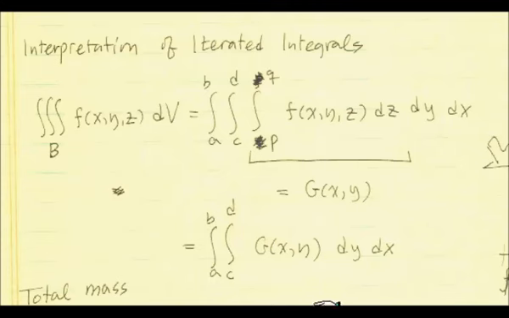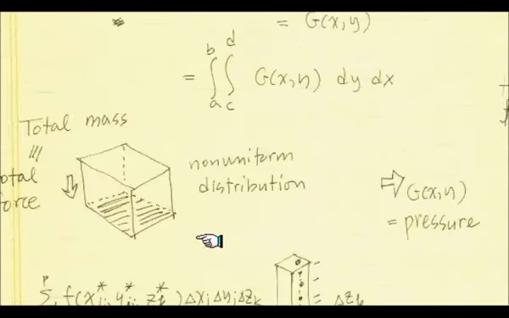The interpretation of the double iterated integral is that the inside function now turns into a pressure function. All this interpretation is natural when we start from the total mass and then switch that notion to a total force applied to the bottom plate. Then integrating along the z-axis makes sense to create the pressure down to the point. That was it. Thanks.